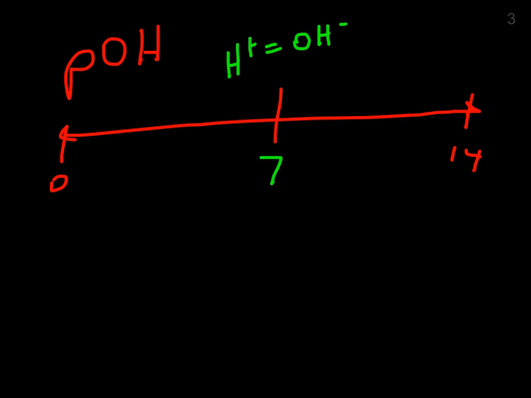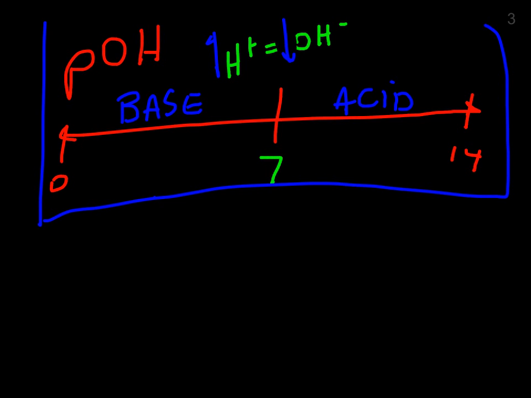But now, when I'm 0 to 7, this will be a base, because it means I have more hydroxides than I have hydrogen ions. And when it's from 7 to 14, it means I don't have a whole lot of hydroxide ions. Now I'm going this other way. Now I have less of those, and I have more of these, so it becomes an acid. Right? But we don't really use pOH, except in chemistry.